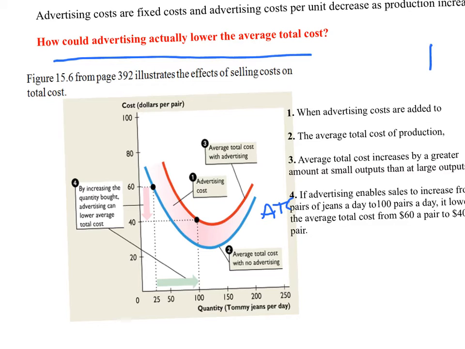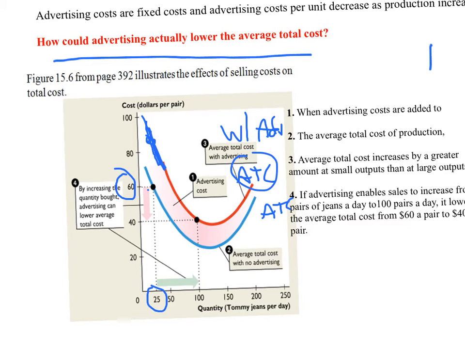If they have an advertising campaign, then we have a higher average total cost. So this top one is average total cost with advertising. If the firm produced 25 goods, they would have an average total cost of 60. If we look at the new curve, if they sold 25 goods, they would have a much higher ATC.